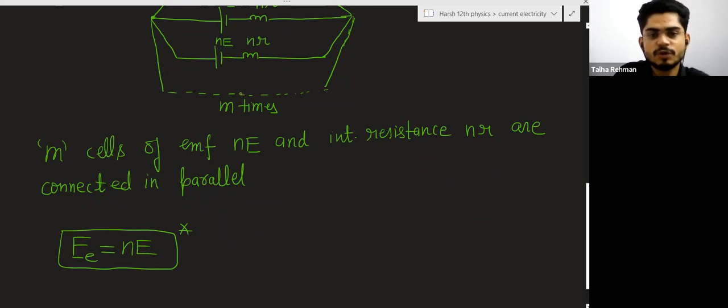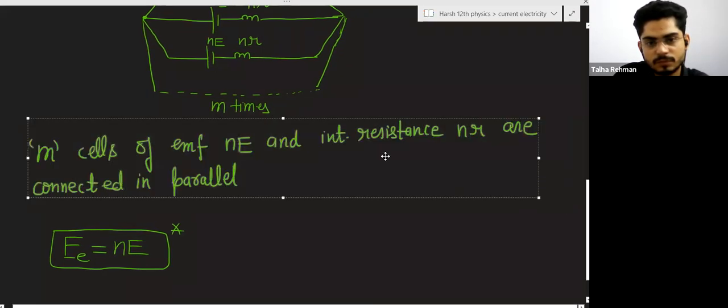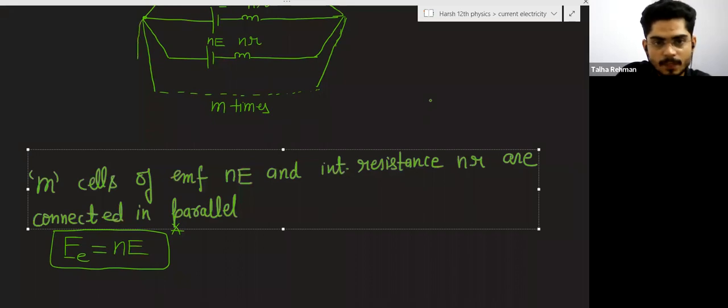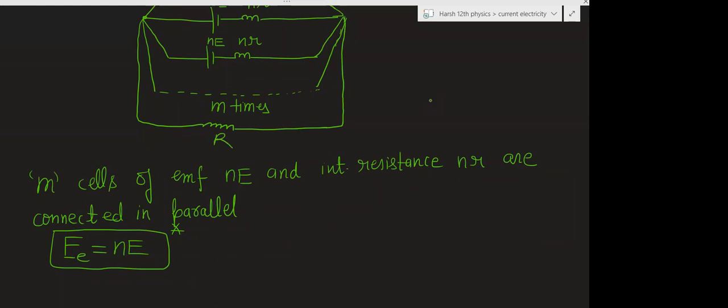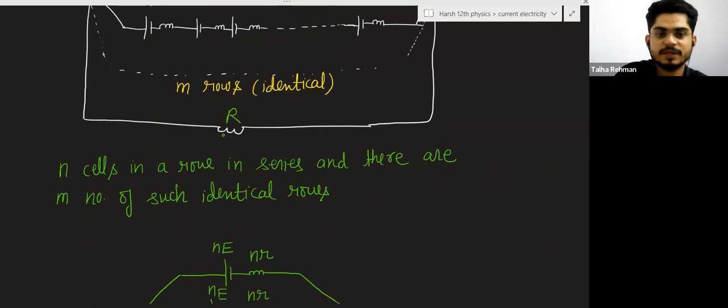And here one thing more: an external resistance R is also connected. We always connect the external resistance with the cell.